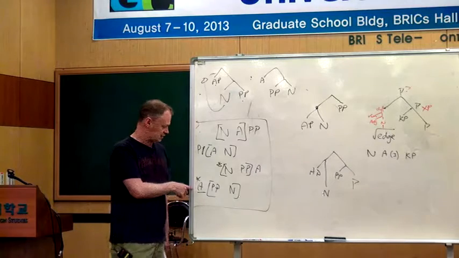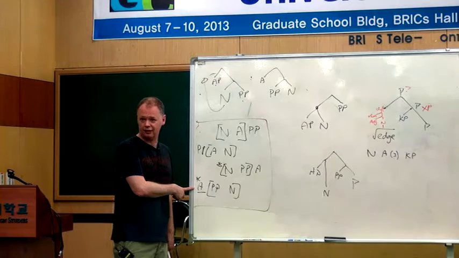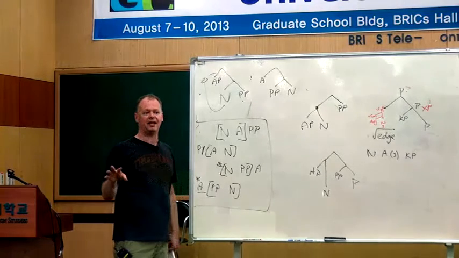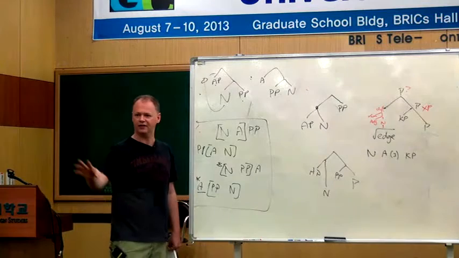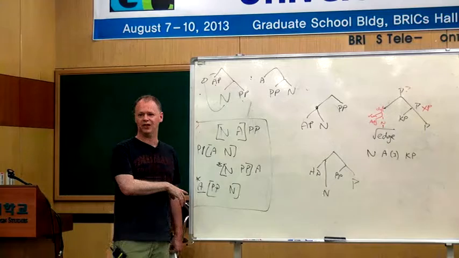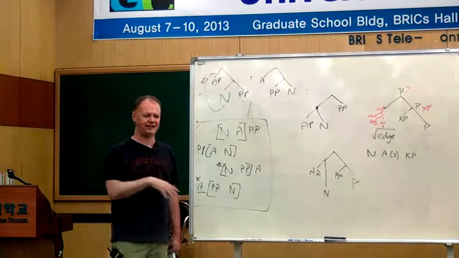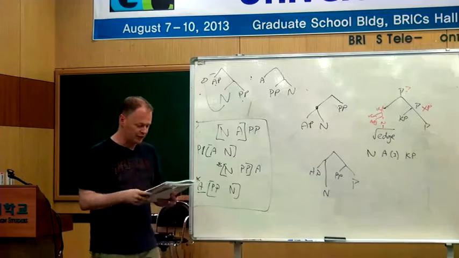But the point is that this is going to be a claim to be true for everything. You can make an argument that you don't need it for Korean because of X, but that's not the same as saying it's false. So the claim will be that this is just true for all languages. Does that make sense?